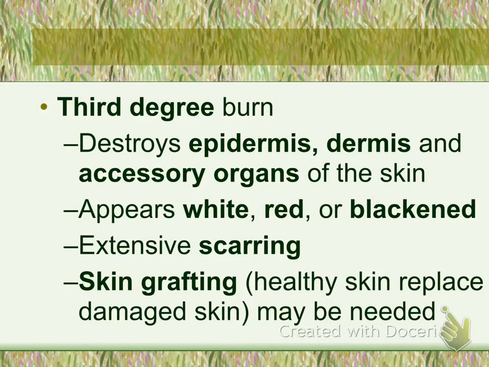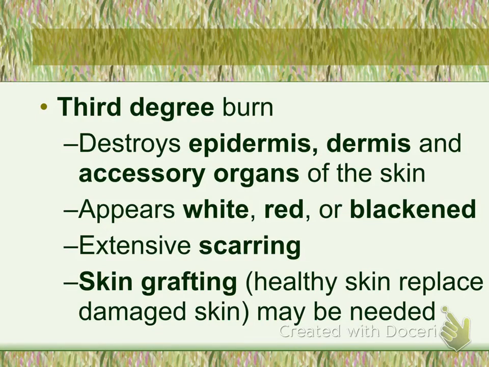There's going to be extensive damage to the skin, and there's going to be scarring, because epithelial tissue regenerates very well. Connective tissue does not. So when you get into the dermis layer and the accessory organs, they are connective tissue, which means scar tissue is going to build up.